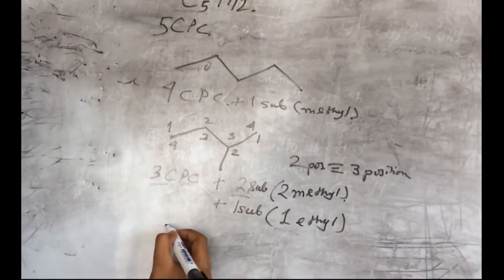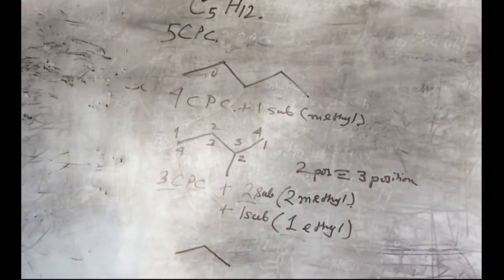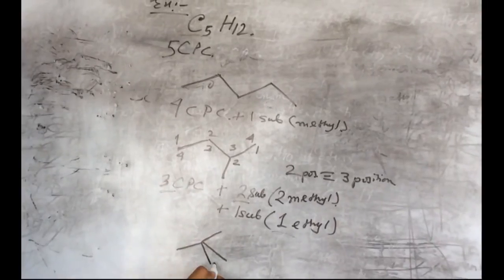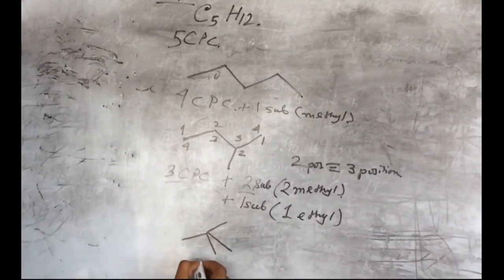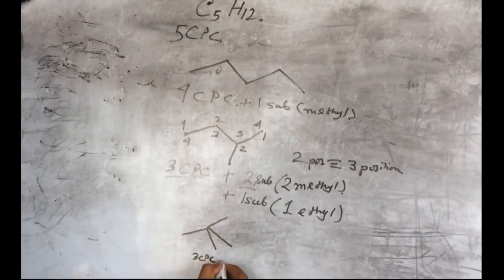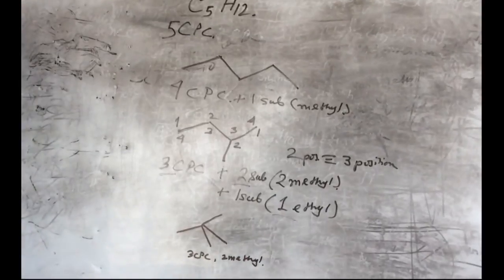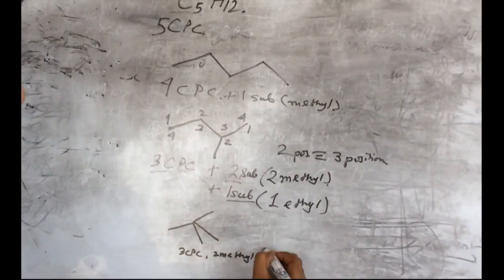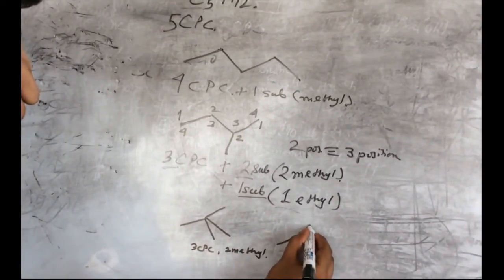So we will get like this: 3 CPC, 2 methyl, here 1, here 1. So this becomes 3 CPC, 2 methyl. Now if you try to draw this one, with 1 ethyl group, 3 CPC with 1 ethyl.